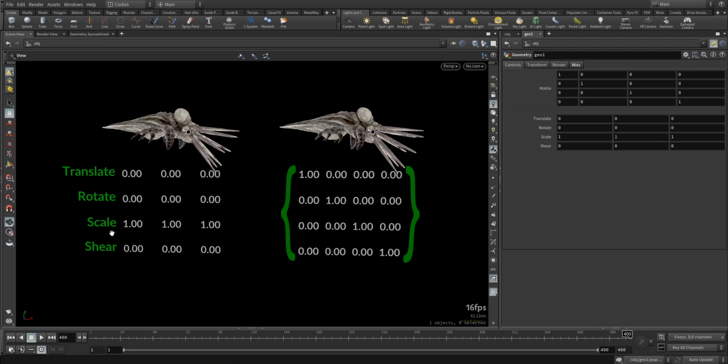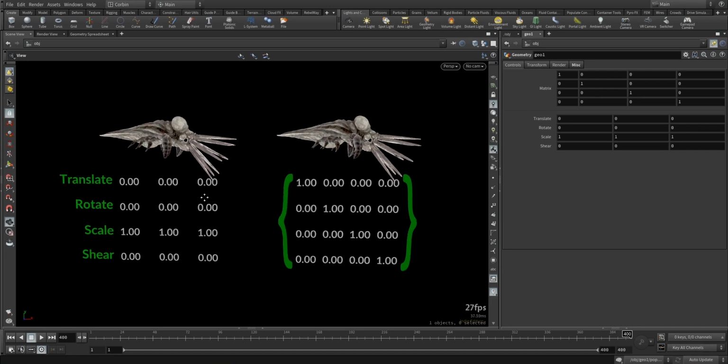So all of those combined together form our matrix. So you can think of it as a bunch of numbers that really give you all the information about where a particular object exists in space.